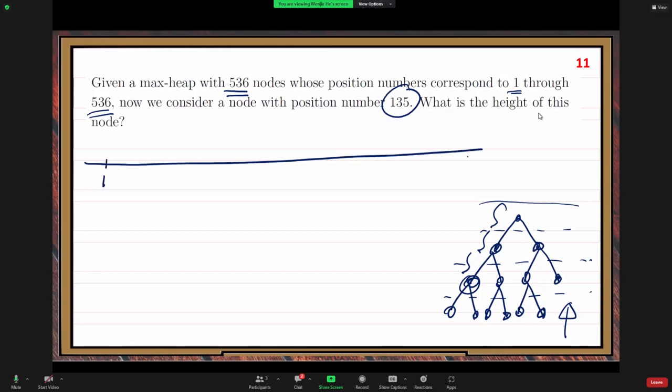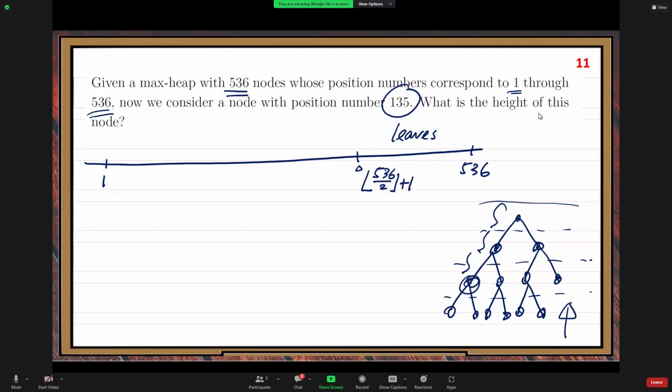Locations from 1 through 536, so all nodes. Then we look at the leaf level, all these leaves. So we want to know this location, which is floor function plus 1.